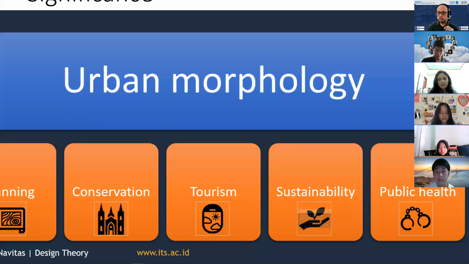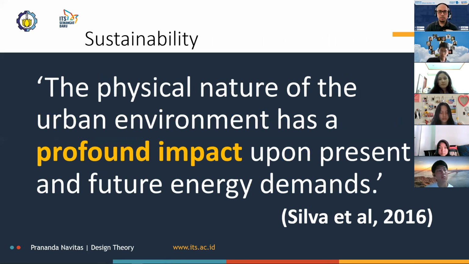So that was tourism, and now sustainability. Urban morphology is very closely tied to urban sustainability, simply because the physical nature of the urban environment has a profound impact upon present and future energy demands. Let's say, for example, we compare a sprawling city and a more compact city.